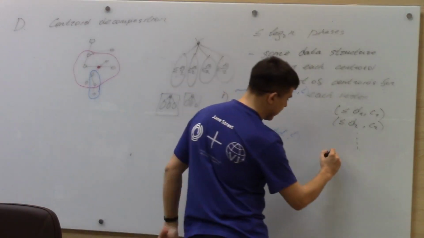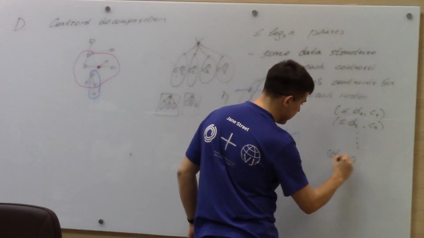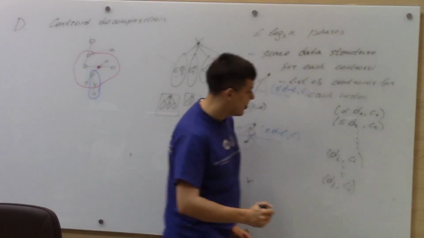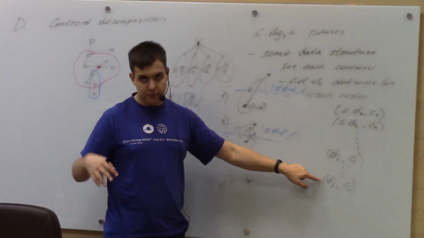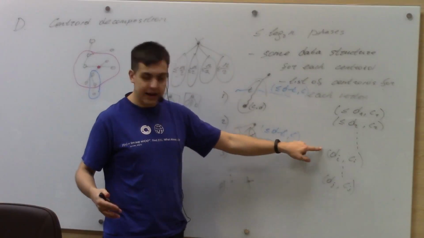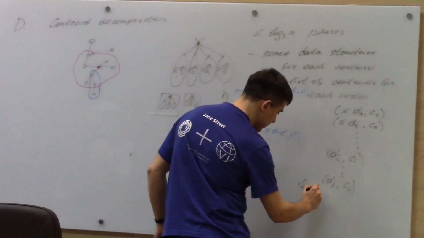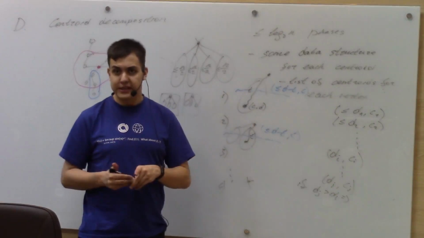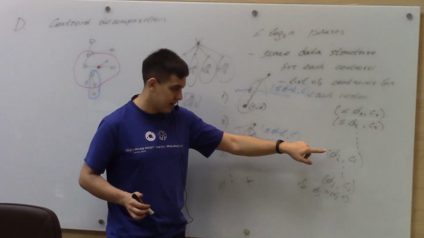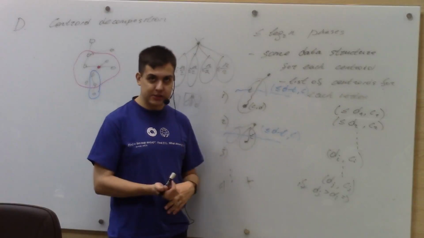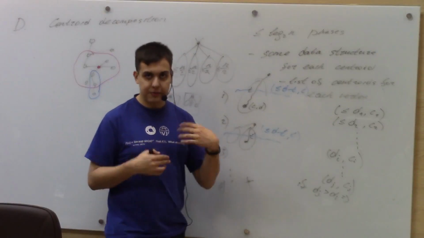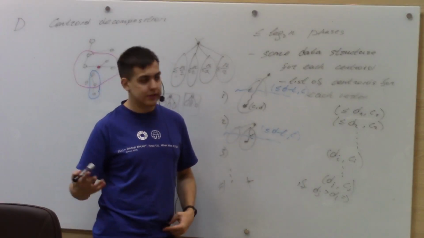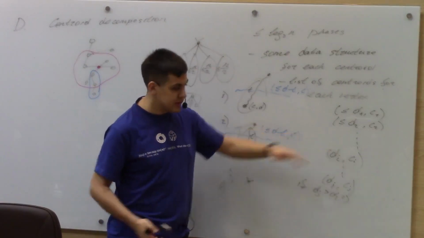If we have some query DI, CI, and some later query DJ, CJ, and DJ is greater than DI, this means that we completely overwrote all the results of the former query. So we colored all the vertices up to distance 100, and then after some time we colored all the vertices at distance at most 200. This means that we don't need the first query.